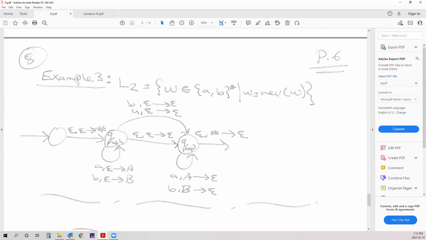That's why it's a stack: once we push a string, when we pop it, it gives us the reverse one. But it should be the same. They should be equal. So here with a, we pop an a. With b, we pop a b. Then once we reach the hash, we go to the accept state.